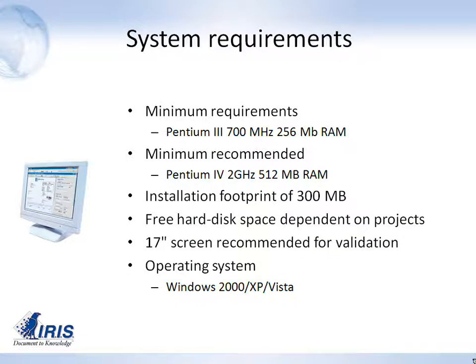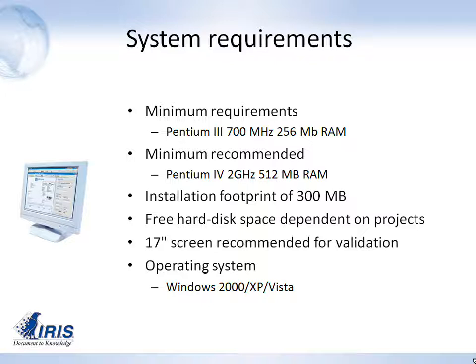Now for the minimum system requirements, minimum requirements is 700 MHz, 256 MB of RAM. Minimum recommended, 2 GHz, 512 MB of RAM. Now we all know that the faster the computer, the faster it will process the documents. So have a decent sized computer. The installation footprint is about 300 MB.